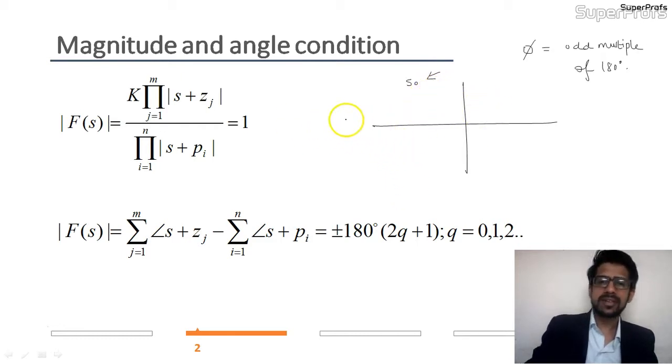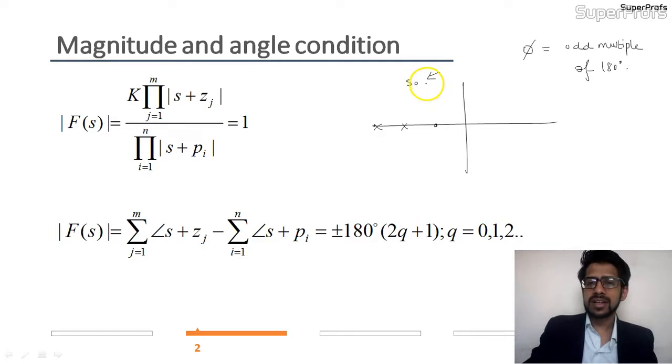Suppose we have some poles like these, and we have a zero here, and we have to check what angle this s naught makes. If this is the point s naught, we will be able to check the angle made by s naught with these poles and zeros.